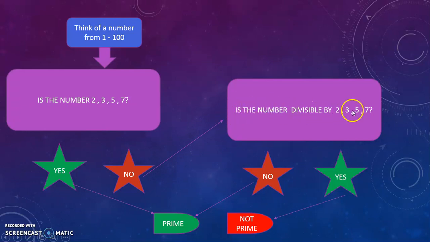Is the number divisible by 2, 3, 5 or 7? 19 is not divisible by 2 because it's an odd number. 3 is also not a divisor: 3 sixes are 18 and 3 fives are 15. 7 twos are 14, 7 threes are 21, not divisible.